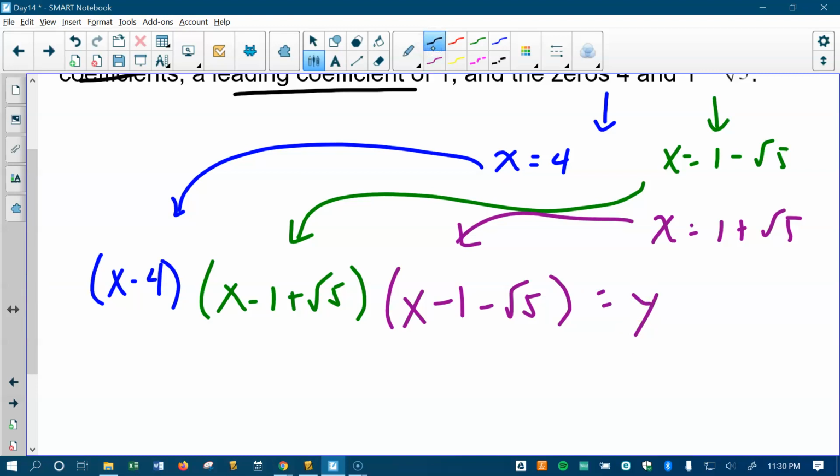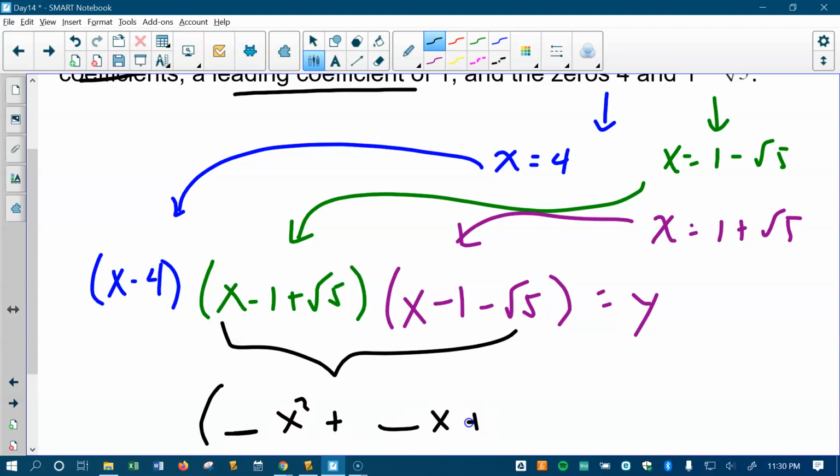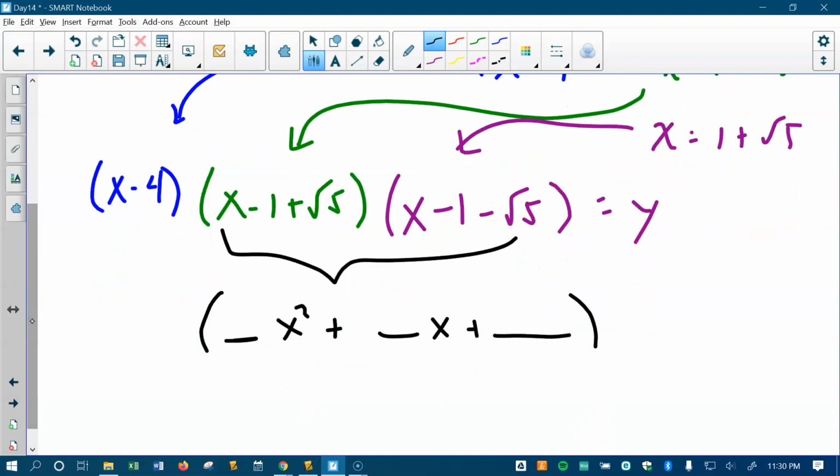Now, when I multiply these two together, I'm going to get something x squared plus something x, and then plus something. The blue x minus 4 is still on the outside. In black, that number is going to be a and b and c. And what I can do, a is always going to be 1 here, so just don't worry about that.